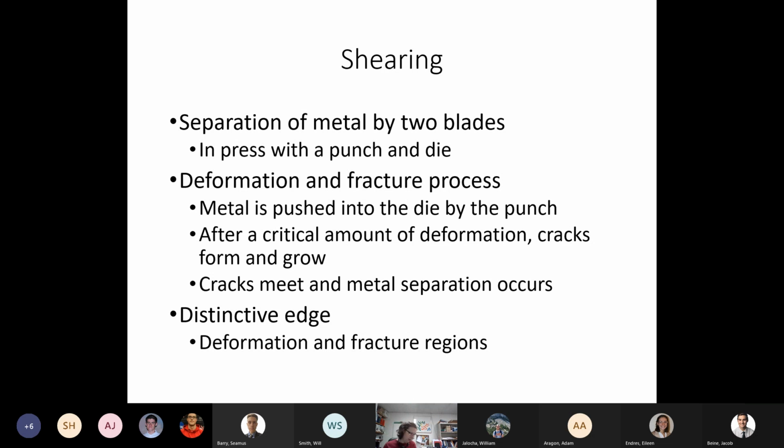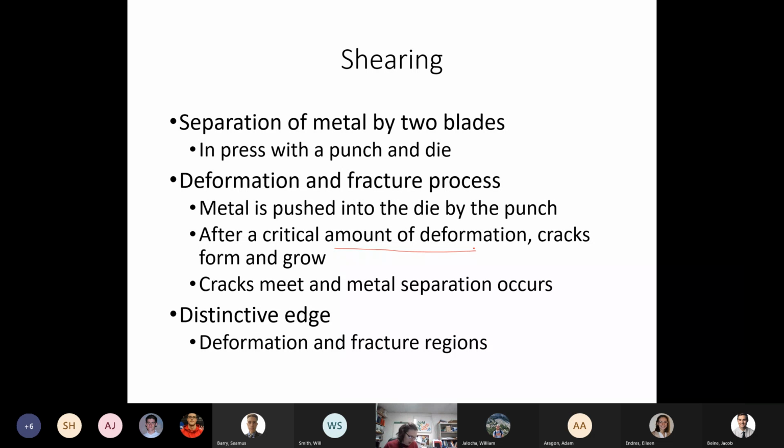There's a lot of deformation going on there. After you have a critical amount of deformation, which will vary from material to material, we're going to see cracks form. And then the cracks start to move around the circumference. And hopefully, the cracks meet in a clean area and we have metal separation.